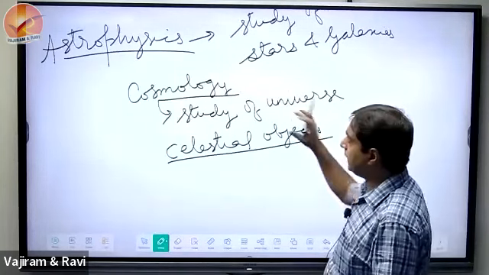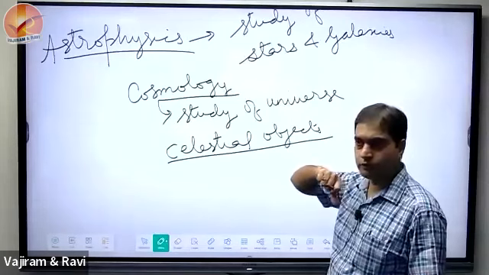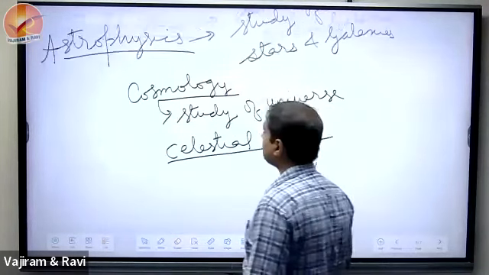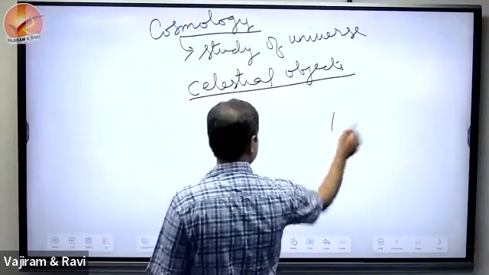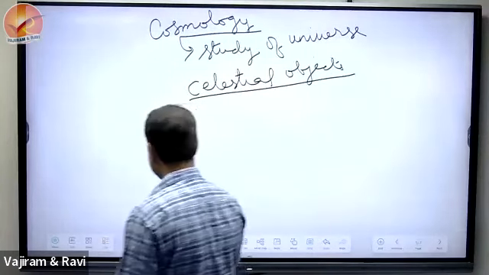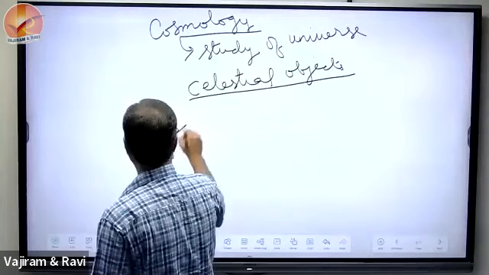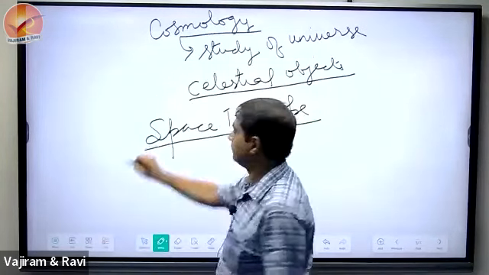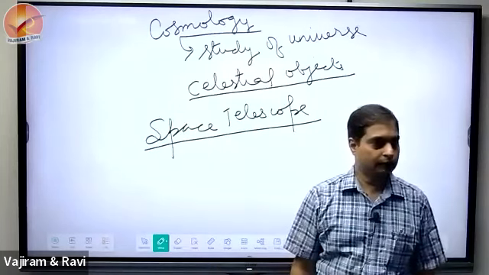Now, to gather data about the cosmos, we have to take the help of what? The space telescope, isn't it? So how do you gather data about these celestial objects?